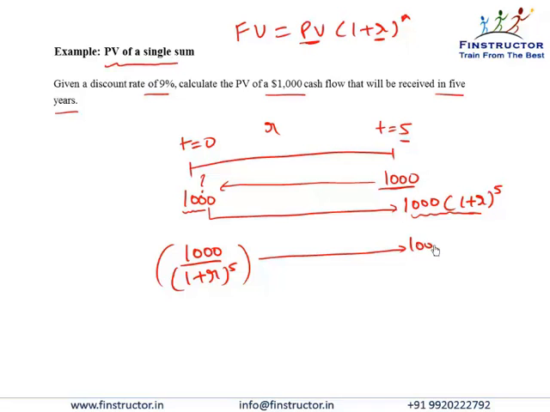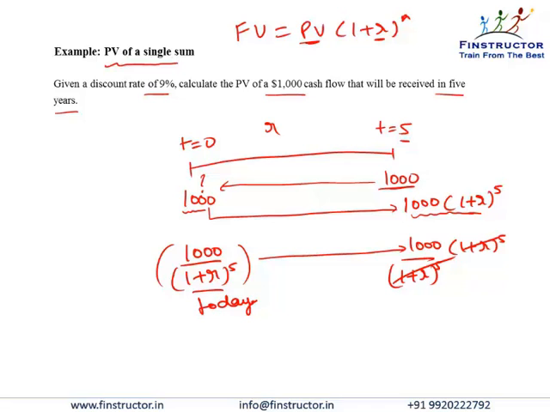So it would be 1,000 upon 1 plus r to the power 5 into 1 plus r to the power 5, or it would become $1,000. So $1,000 at t equal to 5 is the same as 1,000 upon 1 plus r to the power 5 today.